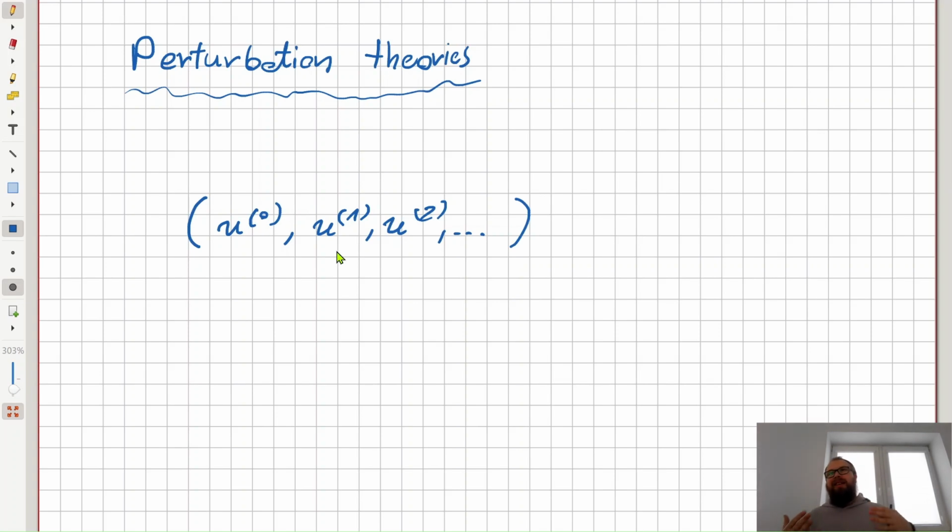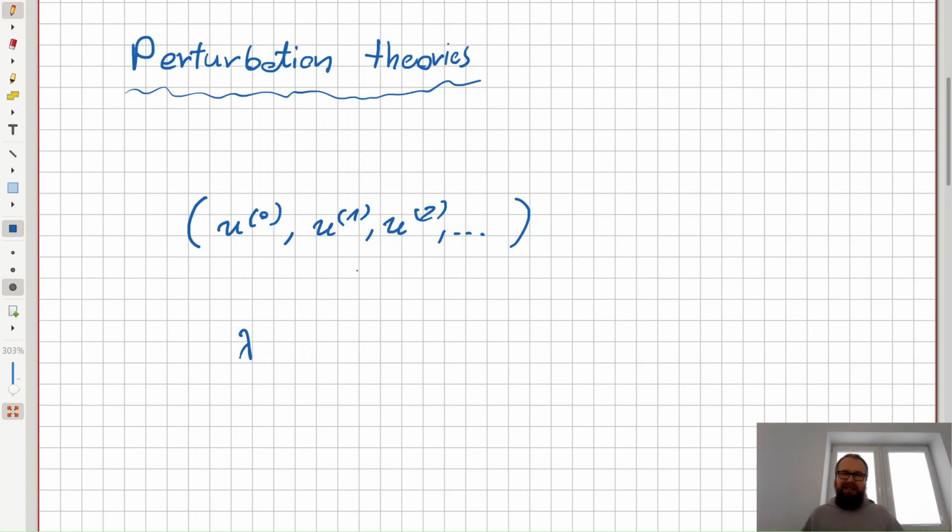When we say that the term is a k-order term, what we mean is that the magnitude of this term scales like the k-th power of some parameter, lambda, let's call it, that quantifies how strong or how weak the thing is that perturbs our system of interest.